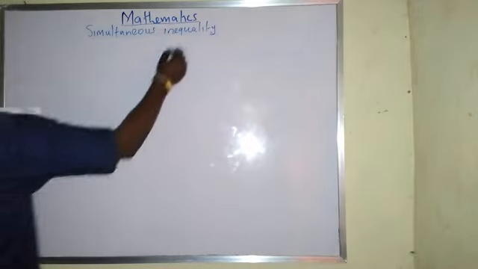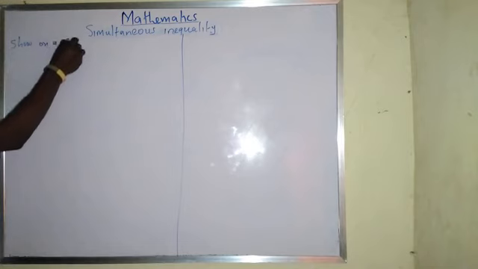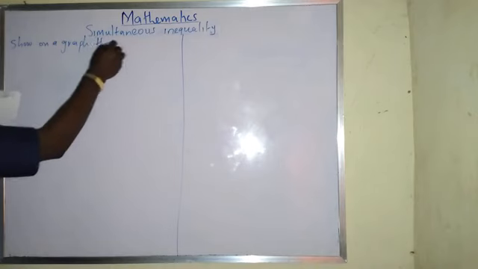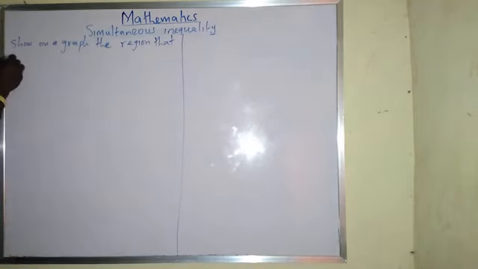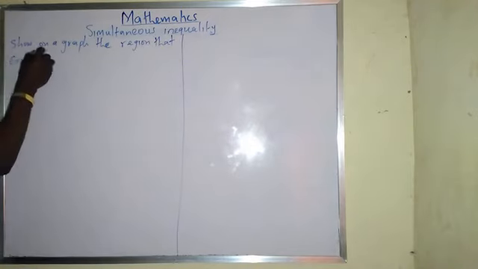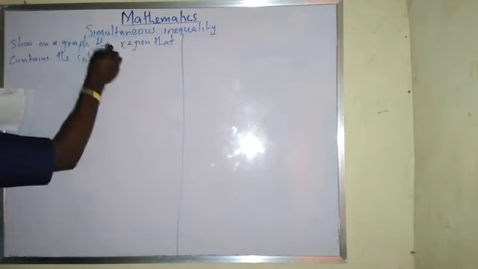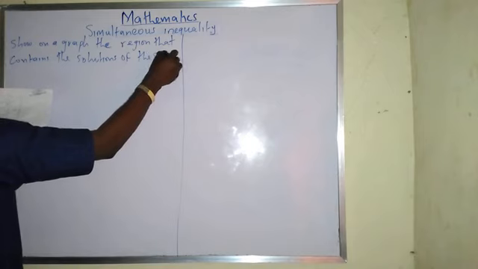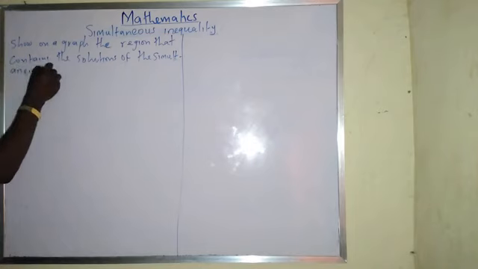Now, the first one: show on a graph the region that contains the solutions of the simultaneous inequality.